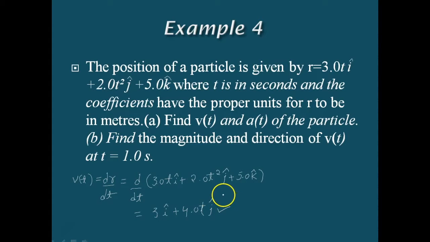Okay. Now let us find the value of a(t). We can find the value of a(t) by dv/dt. So we know the value of v, isn't it? Just now we found. If you differentiate it again, we get 4.0 ĵ, which is nothing but the value of a(t).